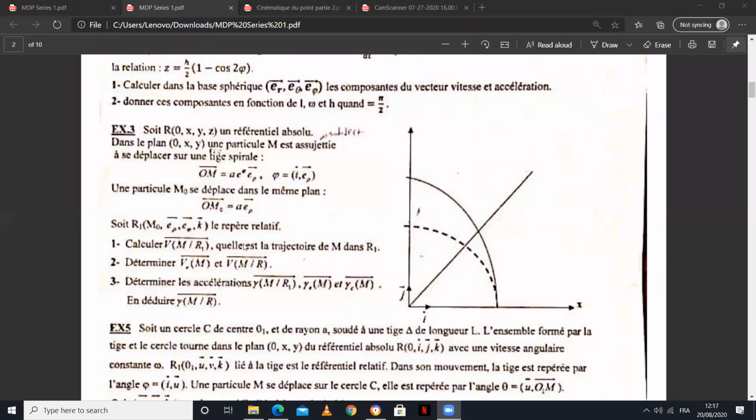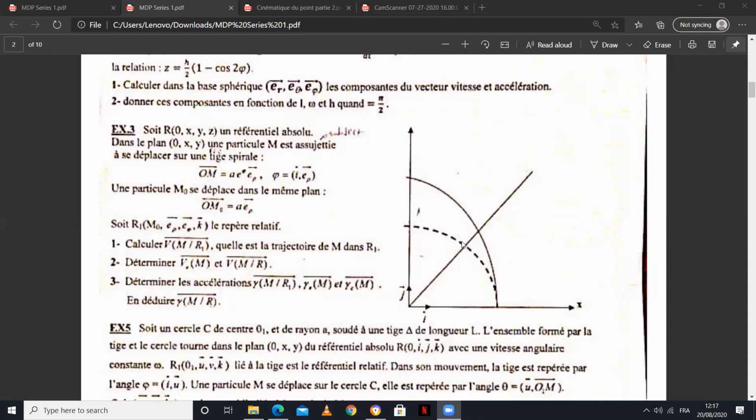We looked at this last week, and you will get your vitesse relative. Then vitesse d'entraînement. Now they are asking us to study and to find the expressions for the velocity of the repère relative with respect to the repère absolu, how the repère relative is moving.